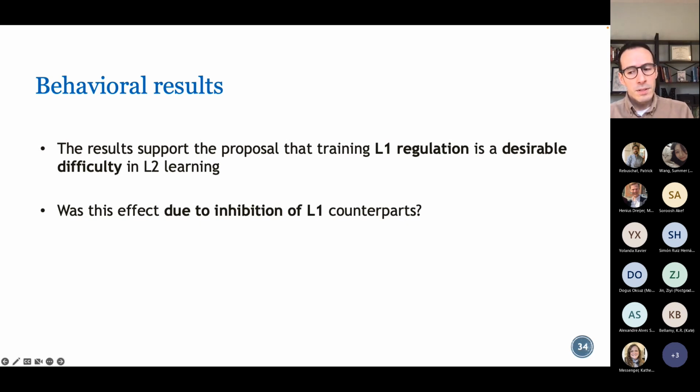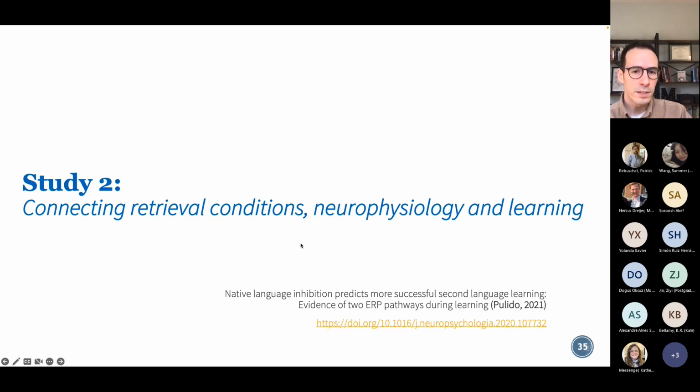Now, there's other behavioral data that I won't be showing today that can speak to this idea, but the main question here as well is, as we were claiming that this might be due to inhibition of the first language counterparts. So to address this question, I conducted a follow-up study using event-related potentials.